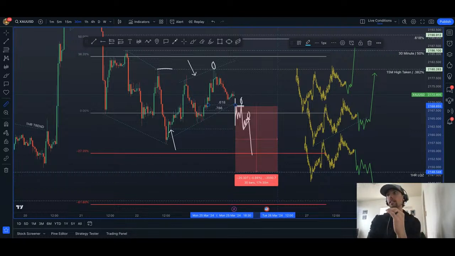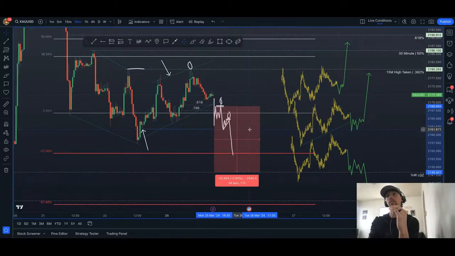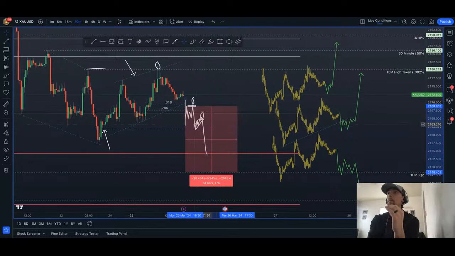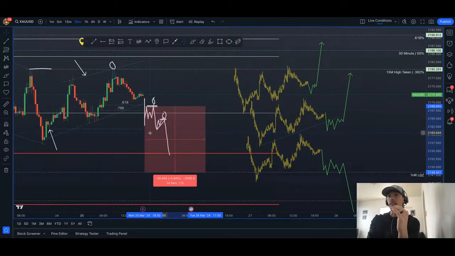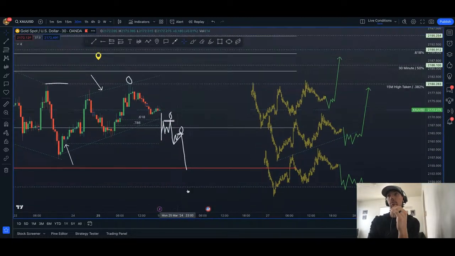On the downside, I'm not going to force a trade to the downside, but if it presents an opportunity to take a trade to the downside, then you can say, okay, well, there's 200 points, 200 ticks that are available where there's a liquidity zone. So it would make sense that price would want to come down here if it breaks these lows.